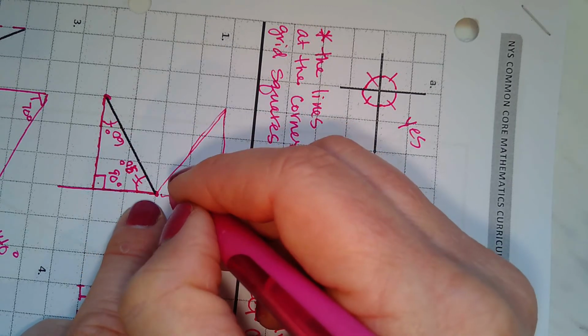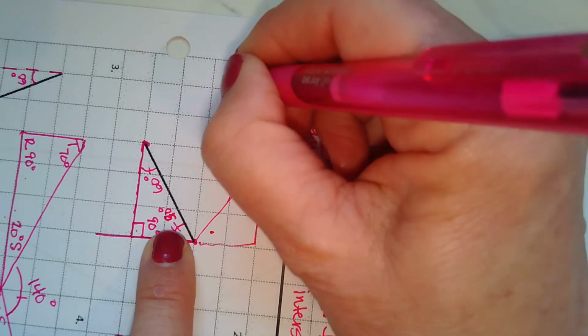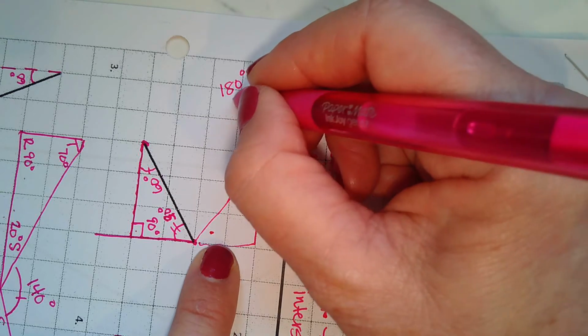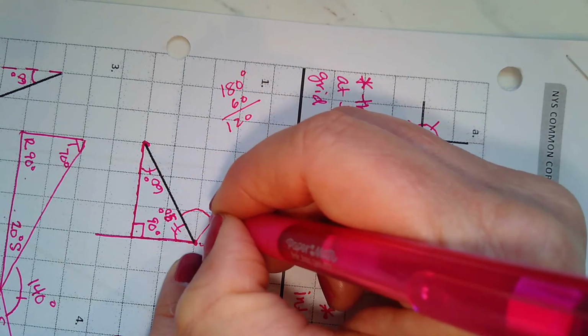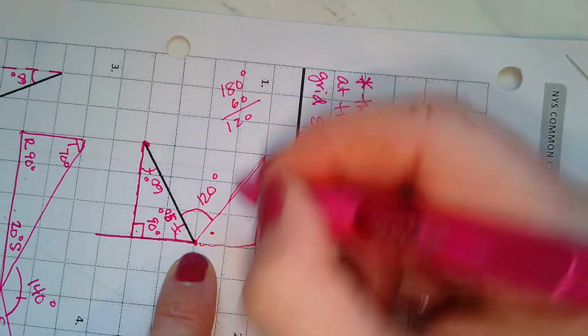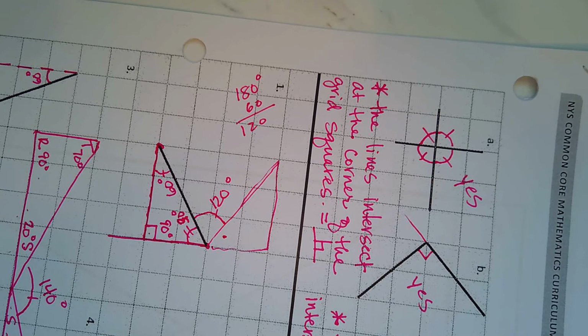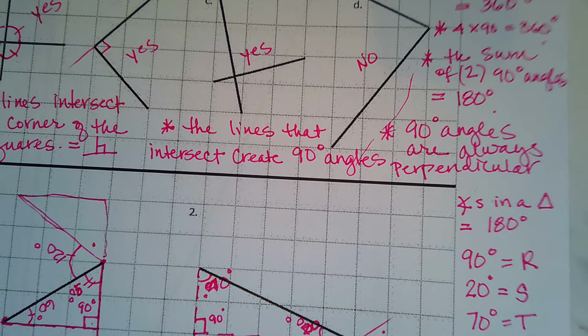And if this was 30 degrees, so 30, 30, so 180 minus 30 and 30 would be 60, right? That would leave you with this angle equal to 120 degrees. Do you see how we're figuring that out? All right. So that's going to do it for our concept development on perpendicular lines.